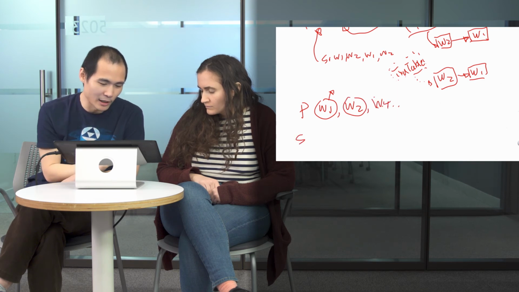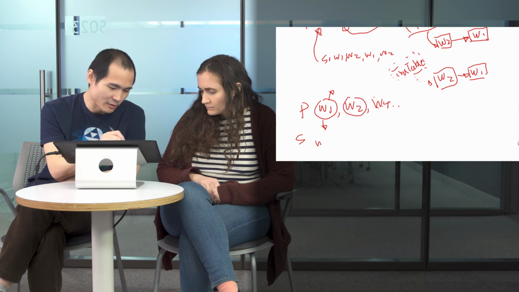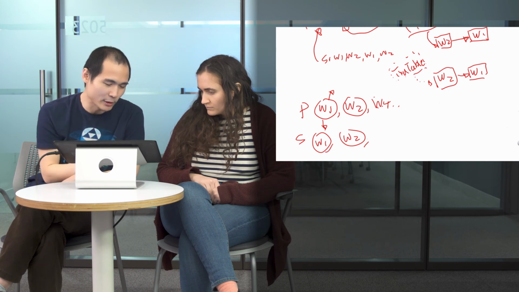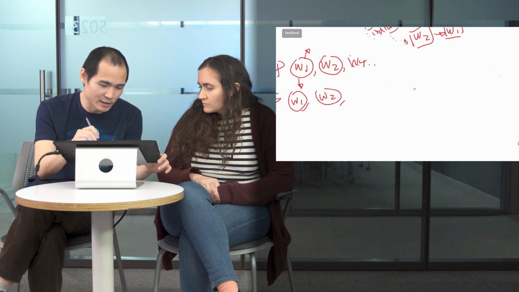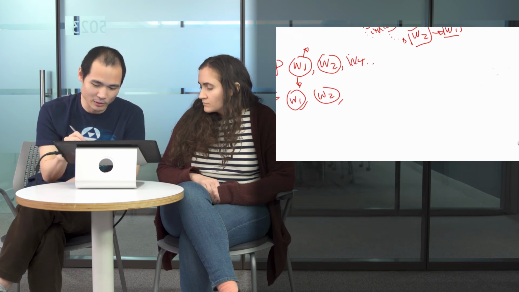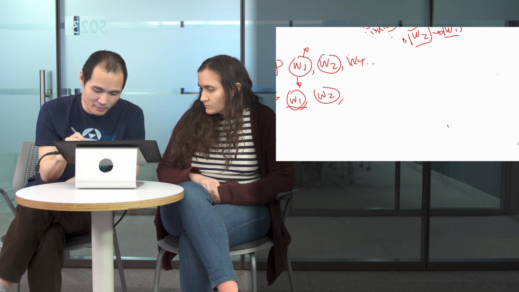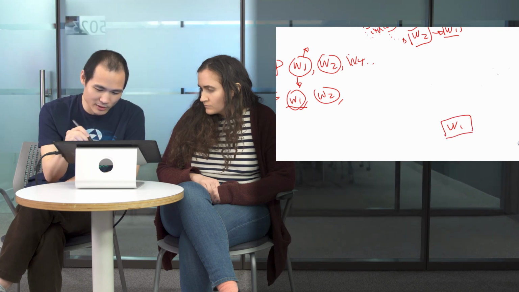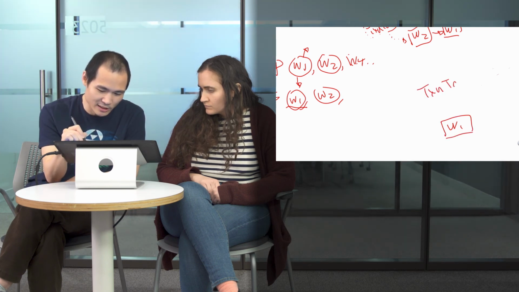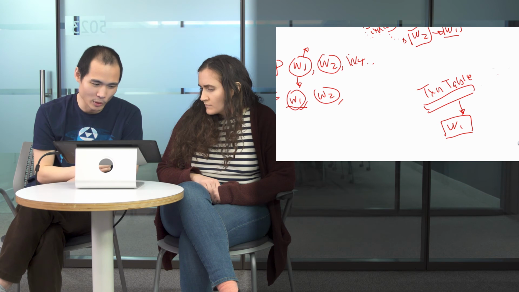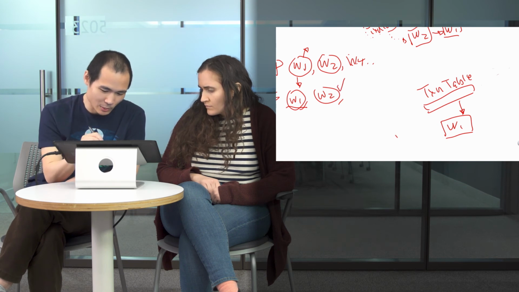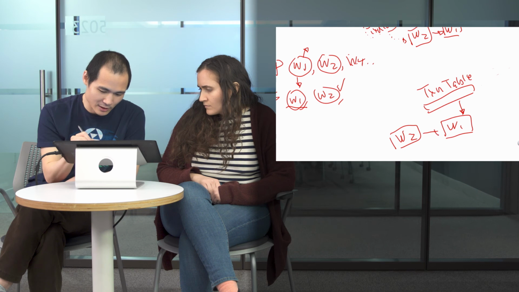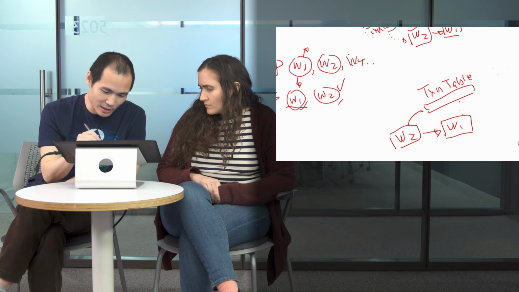When the secondaries fetch these oplog entries and try to apply them, each individual oplog entry contains all the information the secondary needs to construct the transaction table. If it applies W1, it has all the information it needs to construct the transaction table and point to write1. And when it applies write2, it has all the information it needs to update the transaction table and point to write2.